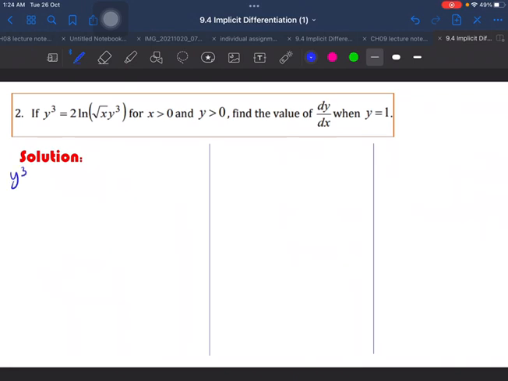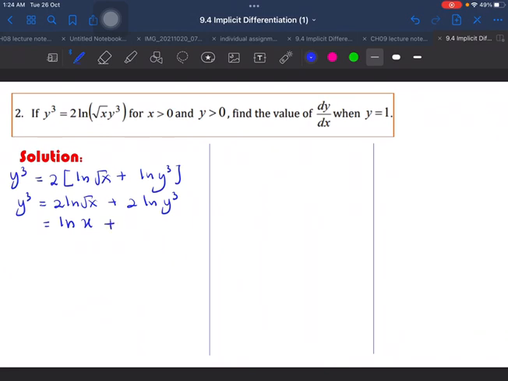Okay, we have y cube equal to 2 ln of the square root of x plus ln y cube. And then we expand 2 ln square root of x plus 2 ln y cube. And then we simplify again. This one becomes ln x, because of the power of 2, plus 6 ln y.